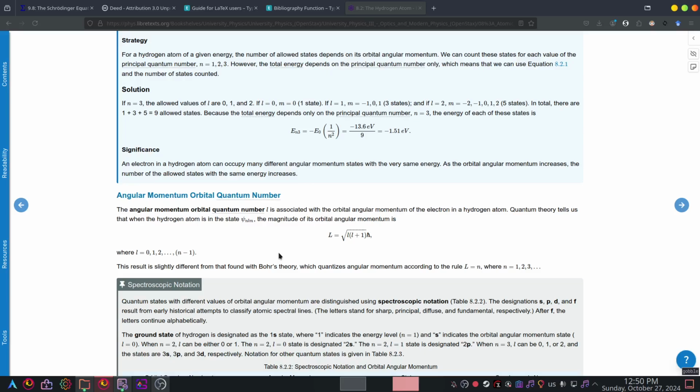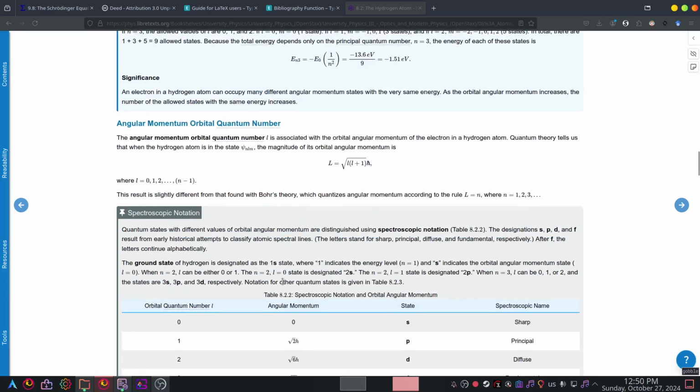But in the 3D case, in a spherical geometry, angular momentum becomes an important factor as to how these waves vibrate, so to speak. Angular momentum changes the shape of the wave in 3D.